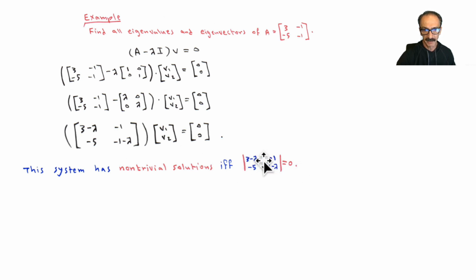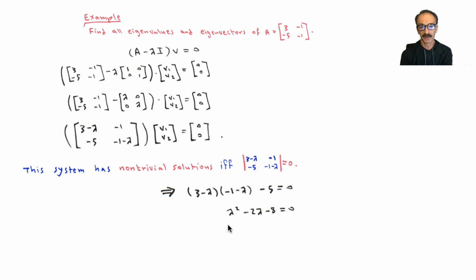We multiply and we go back and subtract the multiplication of -5 and -1, and that's like minus a positive 5. Now, skipping the algebra steps right here, using the distributive property, combining the constants, and factoring back again, we end up with lambda squared minus 2 lambda minus 8 equals 0, which factors to lambda plus 2 times lambda minus 4 equals 0.